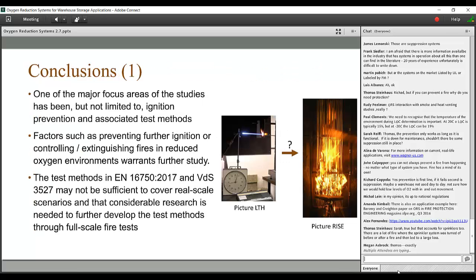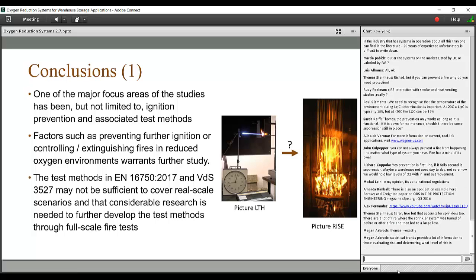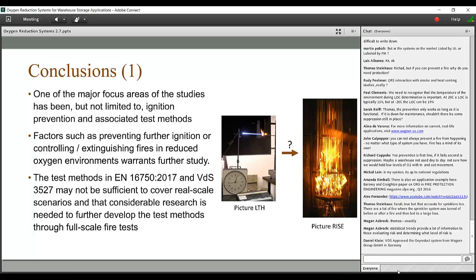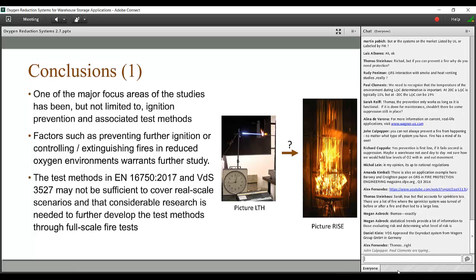So I think that somehow brings me to the conclusions, which are given in 2 slides. They are somehow repeating the items we mentioned earlier. Of course, we had a lot of focus on ignition, but it was not limited to ignition prevention and the associated test methods.